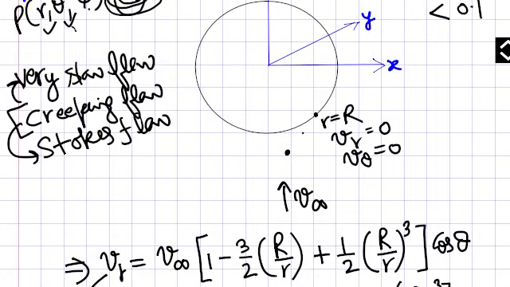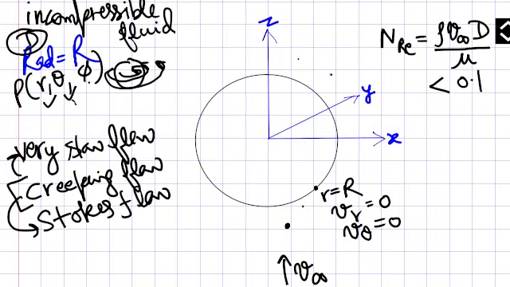For example, suppose you have to find the velocities at this point. So here you find what is r, that is, at what distance it is from here, and what is the angle theta. So suppose this angle theta is 60 degree and r is equal to about 0.2 R, it can be any value.